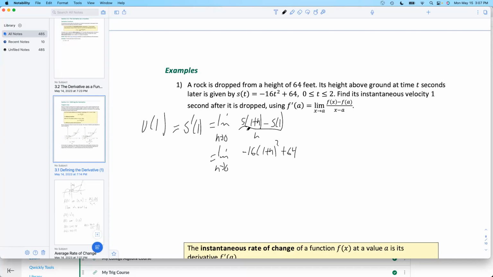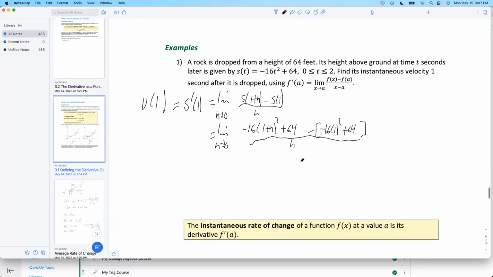So all I've done right there is written S of 1 plus h minus. Now this says I'm supposed to subtract off S of 1. That's negative 16 times 1 squared plus 64, all over, don't forget the all over, h. Equals limit as h approaches 0. Don't forget to write that.